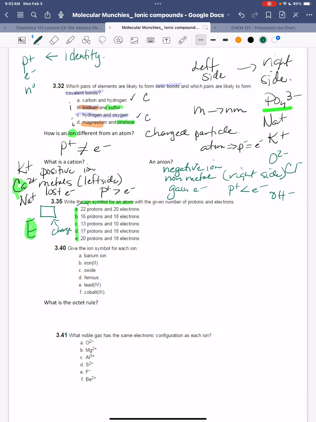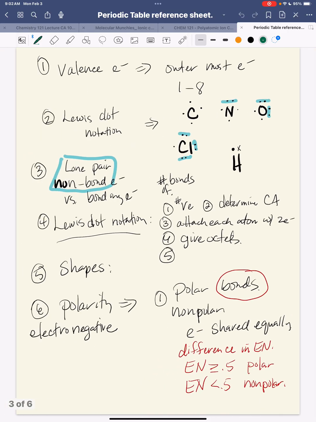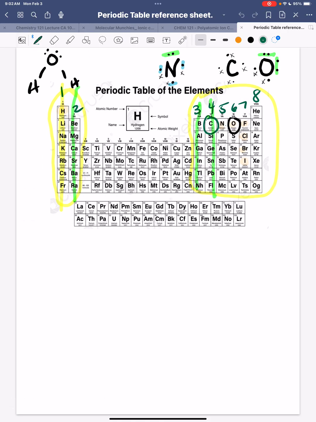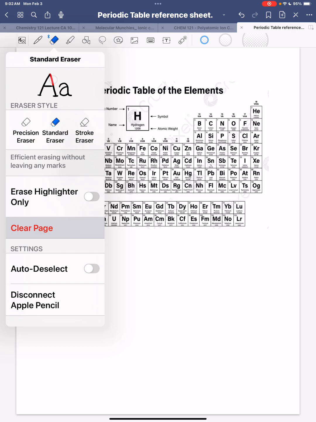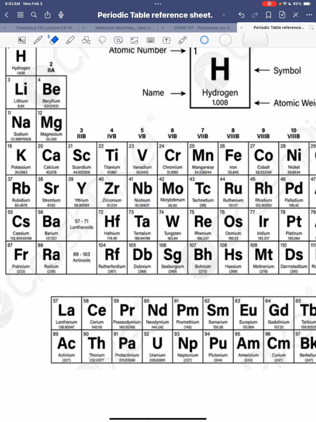So if I have 22 protons in this substance, I know it's element number 22. So I'm going to go to my periodic table and look for element 22. And that element is titanium right there. Okay.